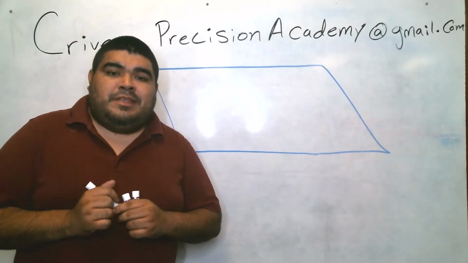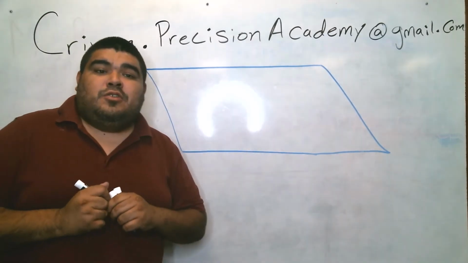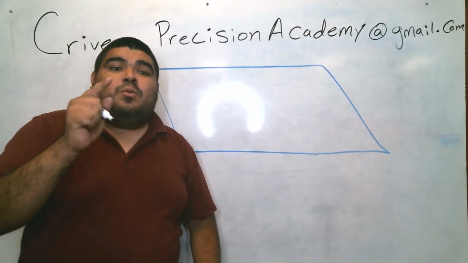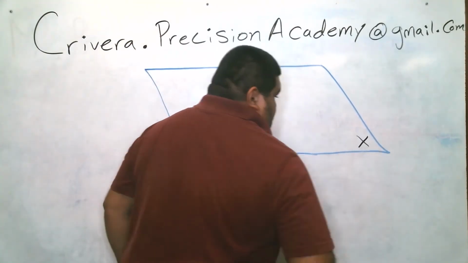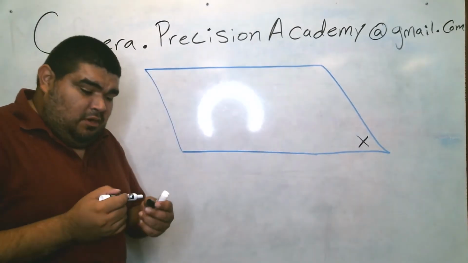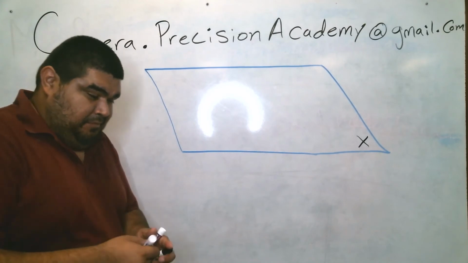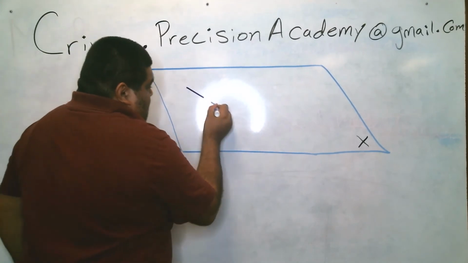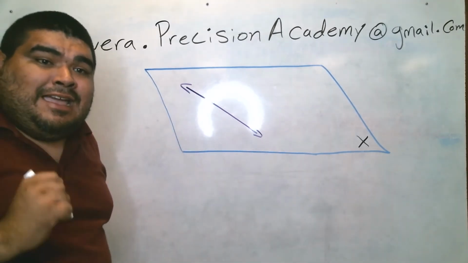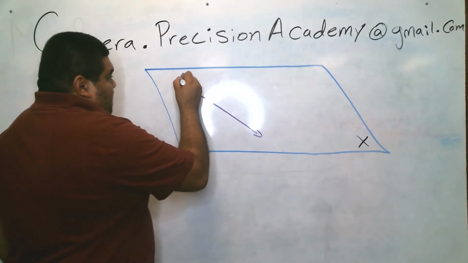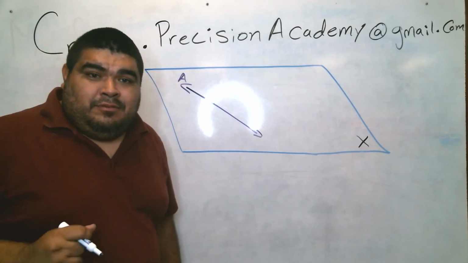All right, ladies and gentlemen, now that we have our new plane here on the board, we're going to label it plane X. We're also going to draw a line on this plane. This line is going to be called line A. But remember, it's never alone.